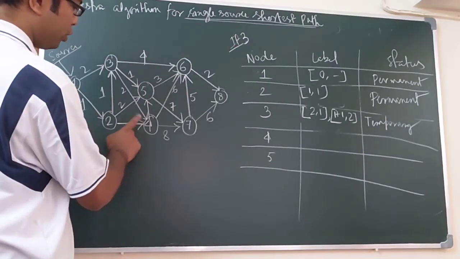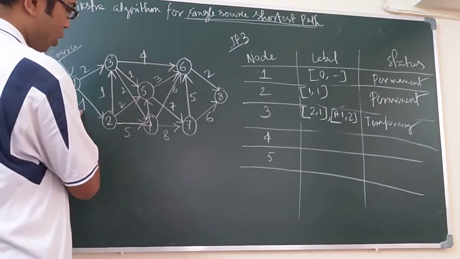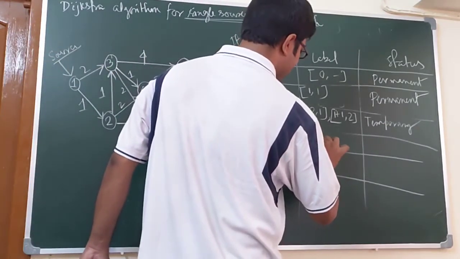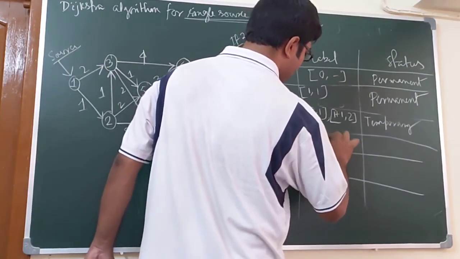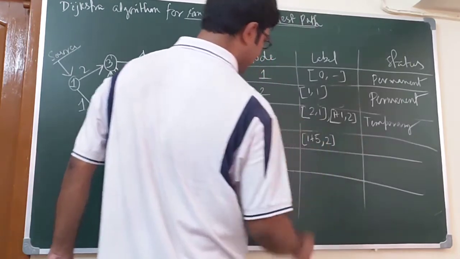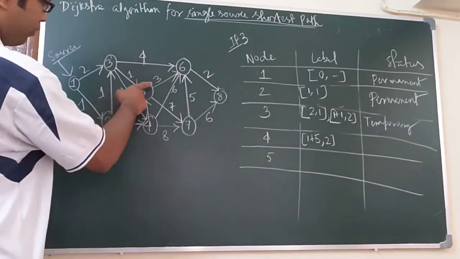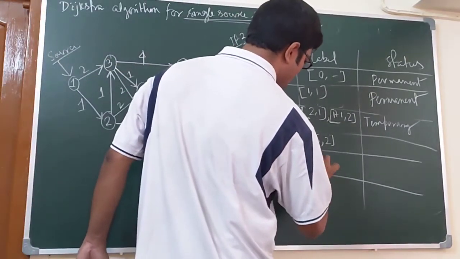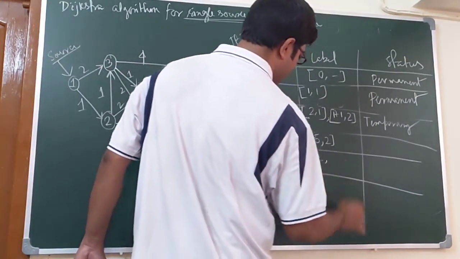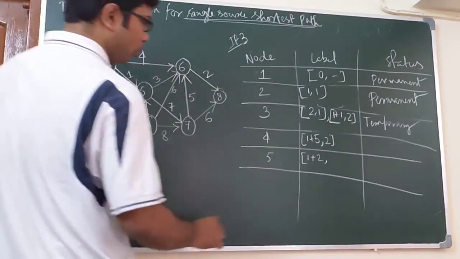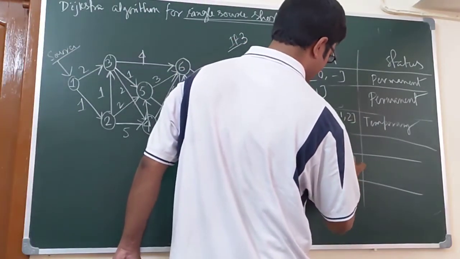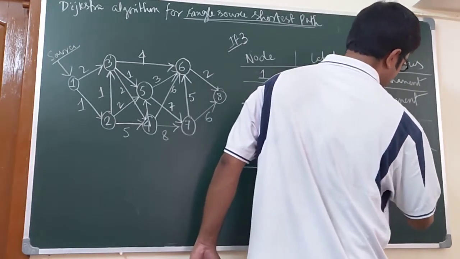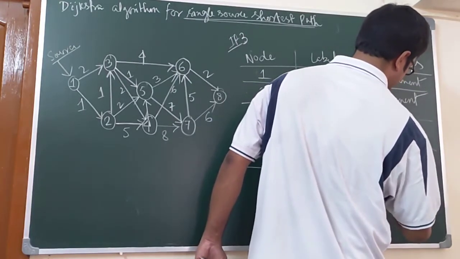For node 4 it will be 1 plus 5 from node 2, and for node 5, 1 plus 2, also from node 2. Both statuses are temporary.